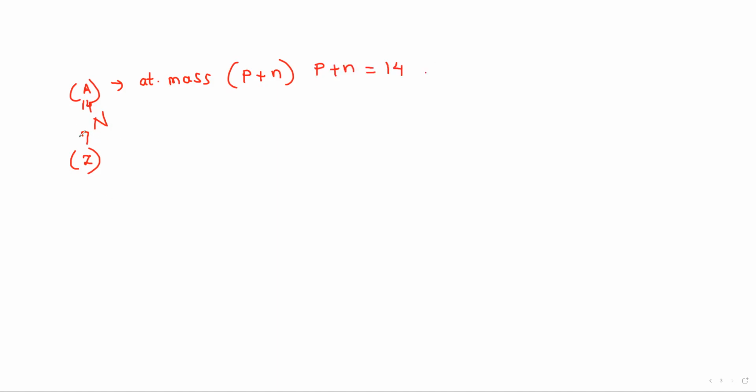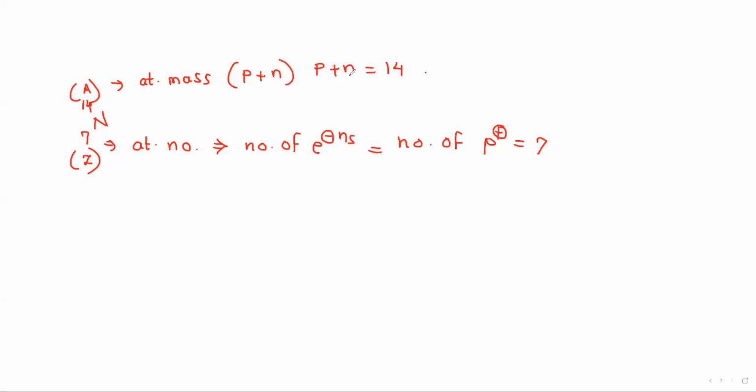And what about this number 7? Number 7 is the atomic number of nitrogen, which means the number of electrons is equal to the number of protons, which is 7.